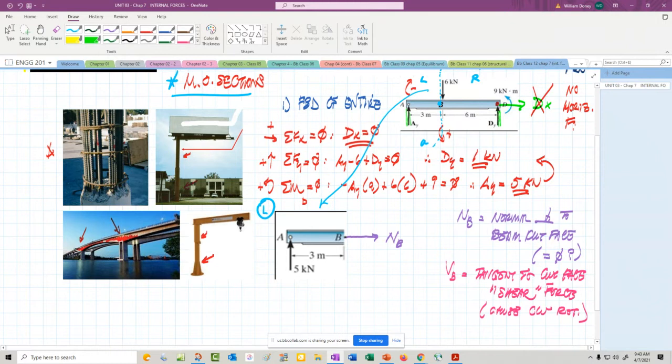So what I mean is the shear is going to be in this direction, but it's going to be pointing down because we're trying to cause clockwise rotation. So if you put a little pin in the middle on the right face, it's going to be down.